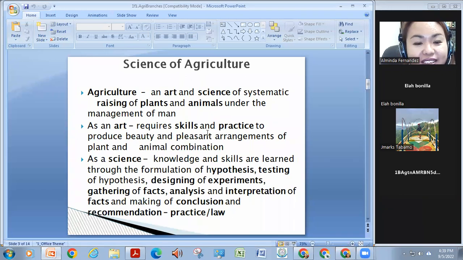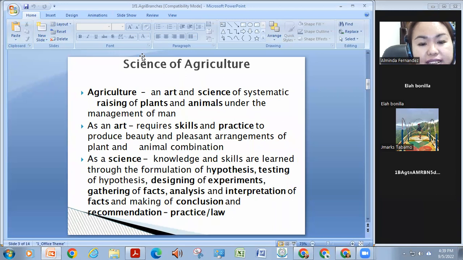And as an art, it requires skills and practice. And in order to produce beauty, pleasant arrangements in both combination, now later we will, like for example, when we say farming system, there are a lot, integrated farming system. We have monocropping, and so on.